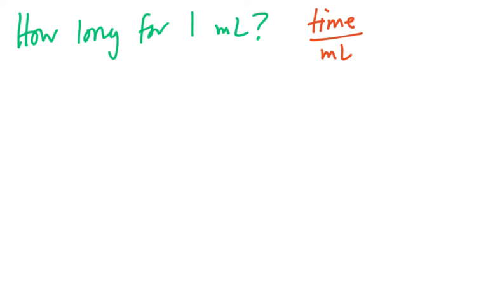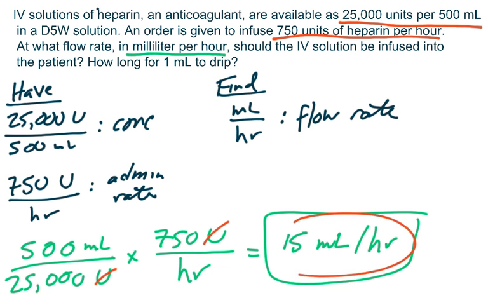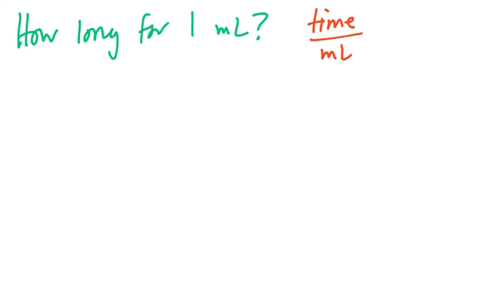Or time over volume. And the answer we just got is volume over time. And so if we take that and we flip it, we can say that 15 milliliters per hour, hour per 15 milliliters. Same thing, right?